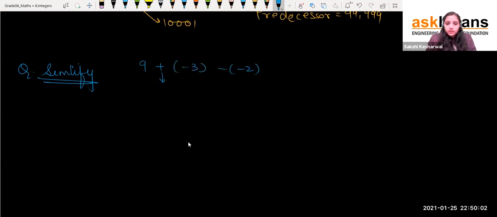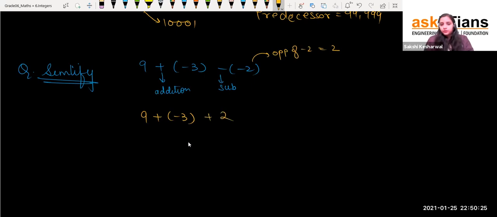But see over here, this is an addition, and over here this is a subtraction. So before solving a question, always change the subtraction sign into the addition sign. So 9 plus of minus 3, and the opposite of minus 2 is 2, so this will be plus 2. Yes or no?